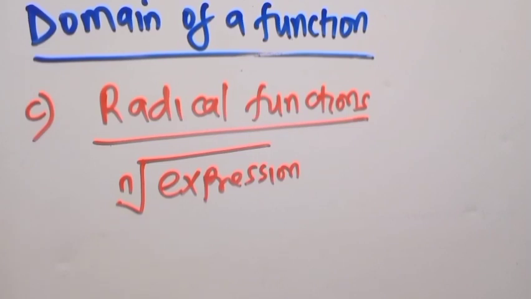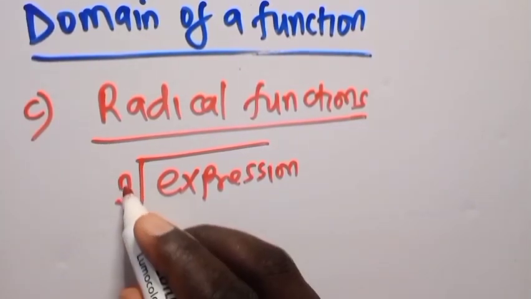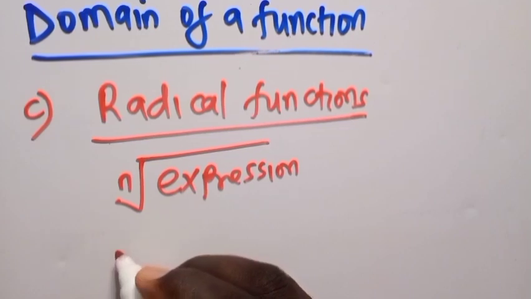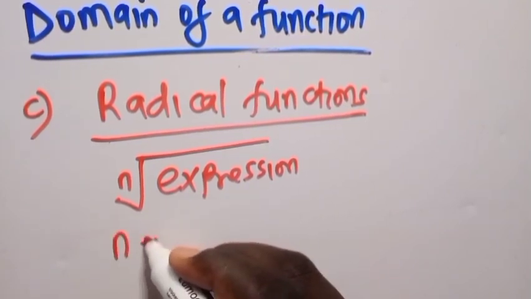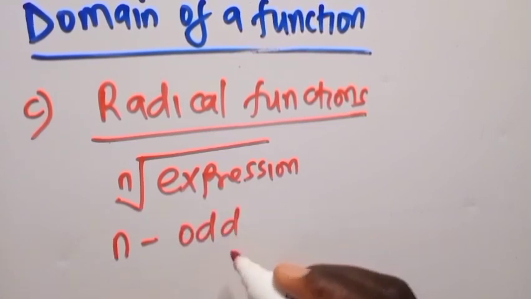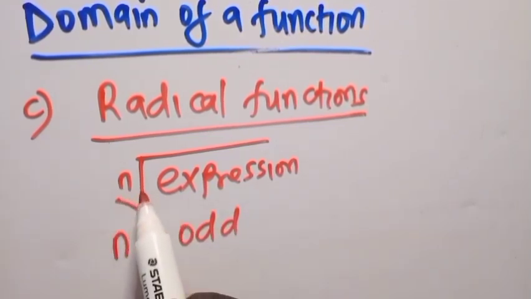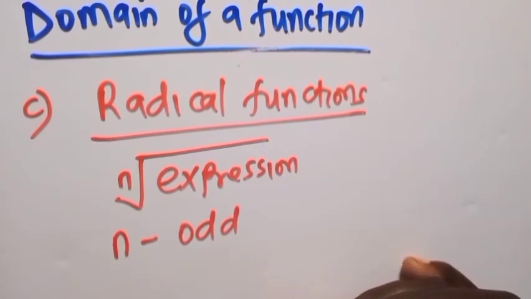Now, I want us to consider this n. And allow me to say this, that if n is odd, that if it is a cube root, that means our n is odd. If it is a square root, our n is even.